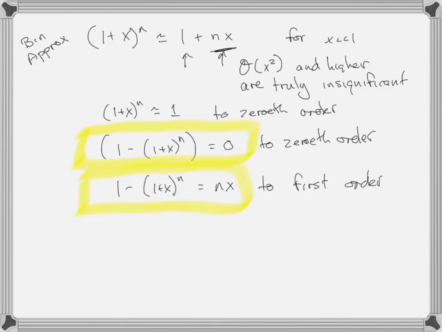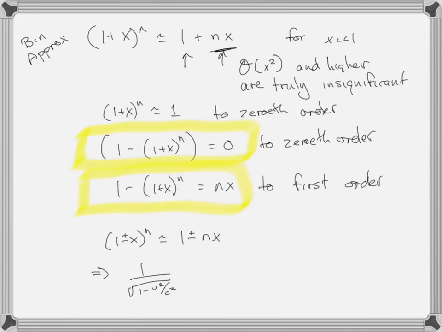A couple other quick things to note is that you can look back at the binomial approximation and you will see that if there's a minus sign, that doesn't change anything. 1 minus x to the n is approximately equal to 1 minus nx. So you could just say 1 plus or minus is 1 plus or minus. And so therefore, let's say, for example, 1 over the square root of 1 minus v squared over c squared.